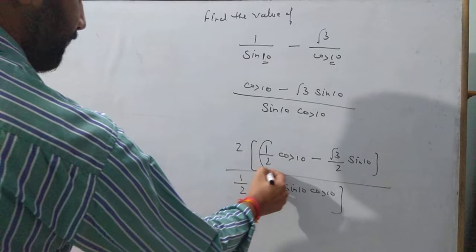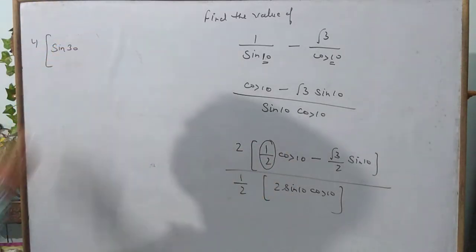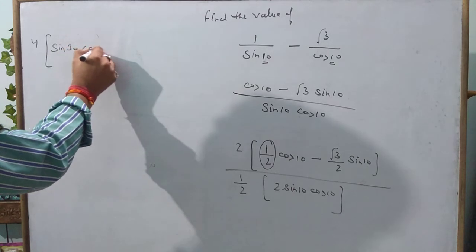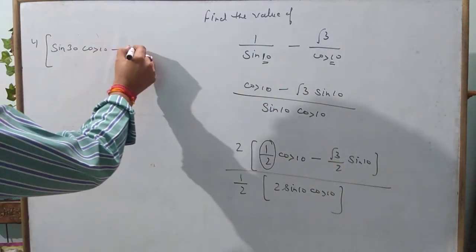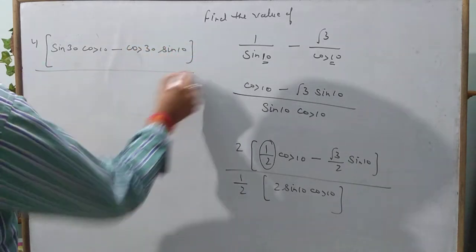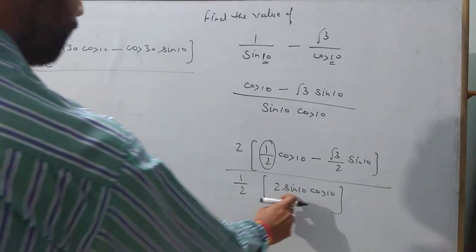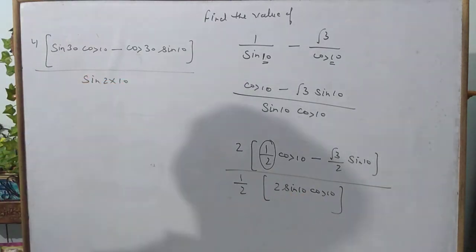This is a standard numerical value, so this can be written as sin 30 cos 10 minus cos 30 sin 10, and in the denominator 2 sin A cos A is sin 2A, so sin 20.